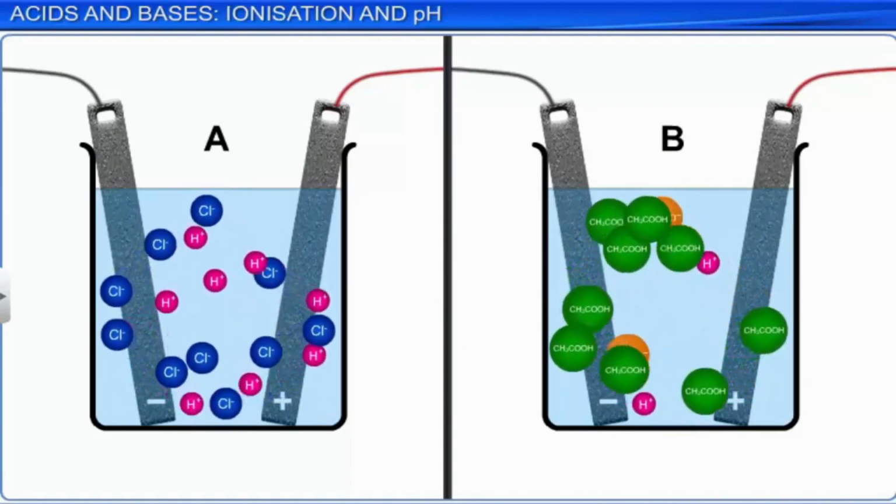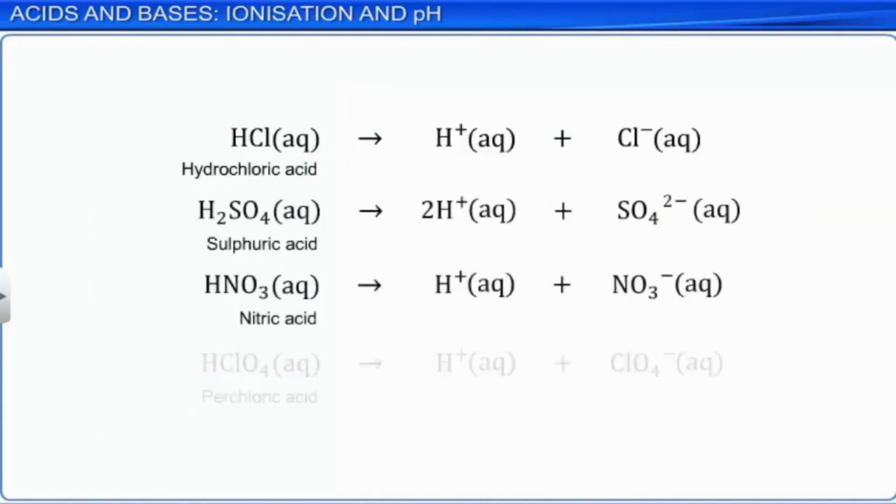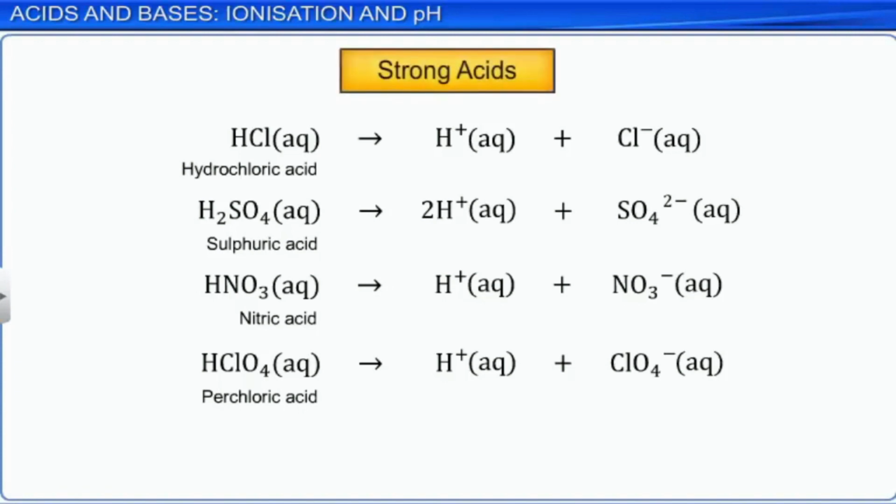As hydrochloric acid, sulfuric acid, nitric acid and perchloric acid undergo almost 100% dissociation, they are said to be strong acids. These acids act as proton donors.